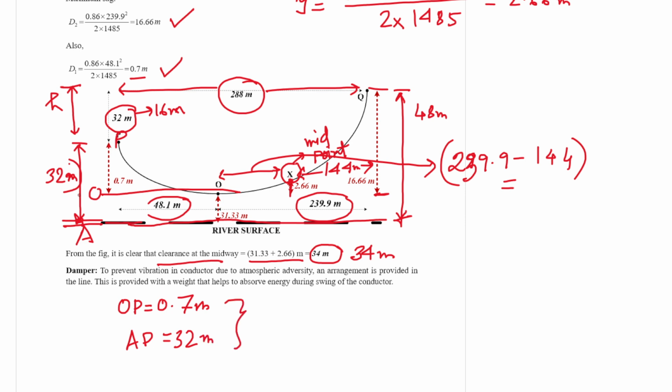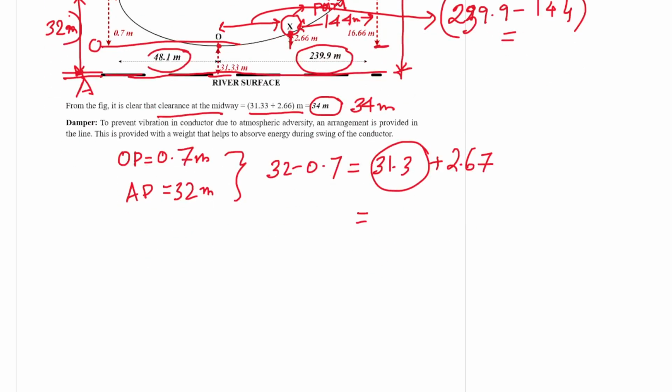If you subtract, we get that the clearance from the river surface to this point O is nothing but 32 minus 0.7, which is equal to 31.3. If you add this 31.3 with this 2.66 or 2.67 meters, you will get the total clearance at the midway.